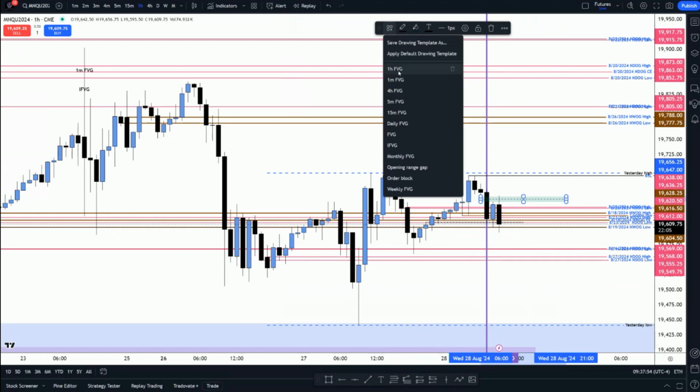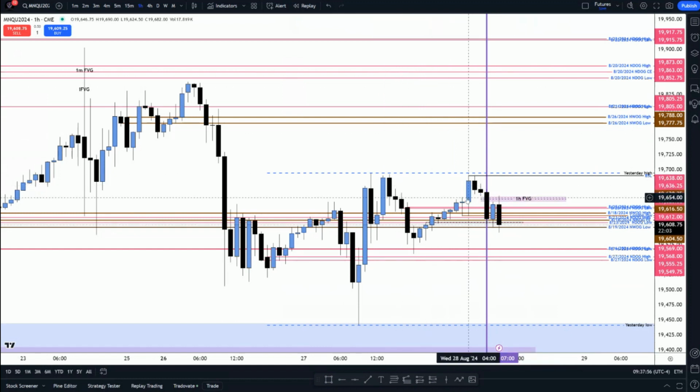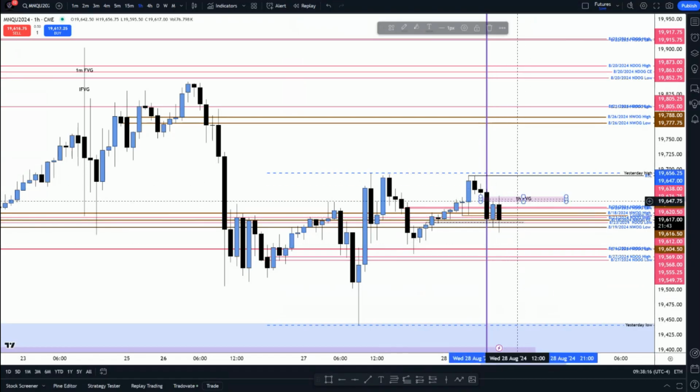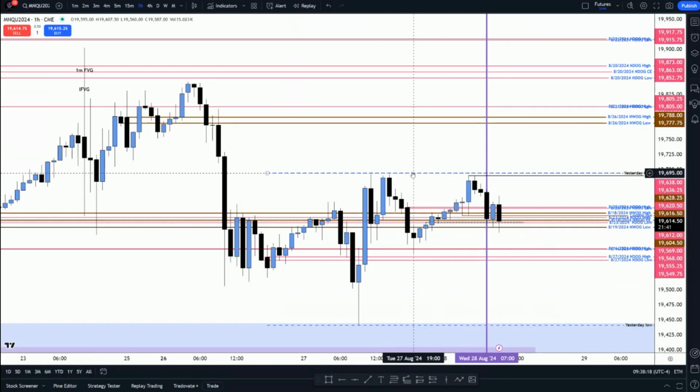We have this 1 hour gap, but I don't think it holds. So we might draw down to here though. These new opening gaps. We just got to see where we draw down to, but I think we're going to go. I'm looking for a long today.